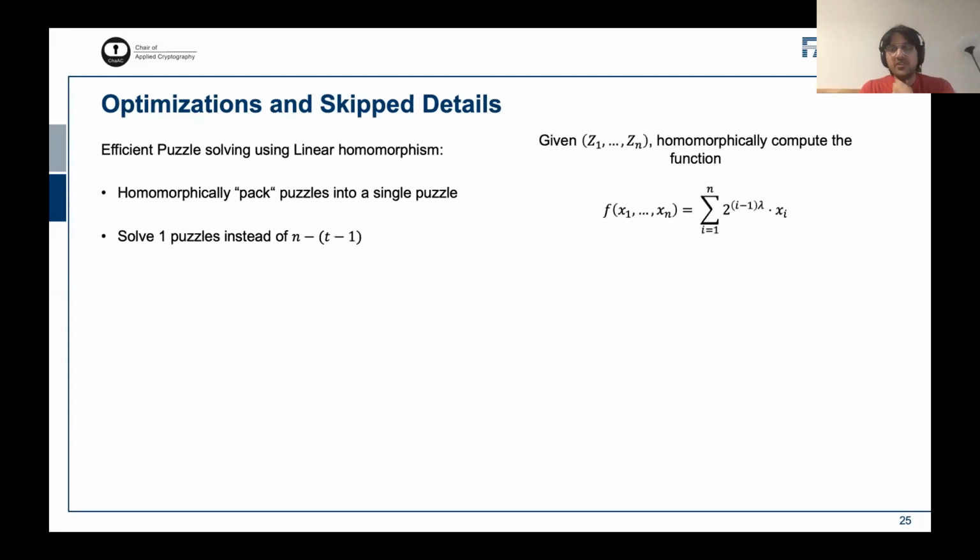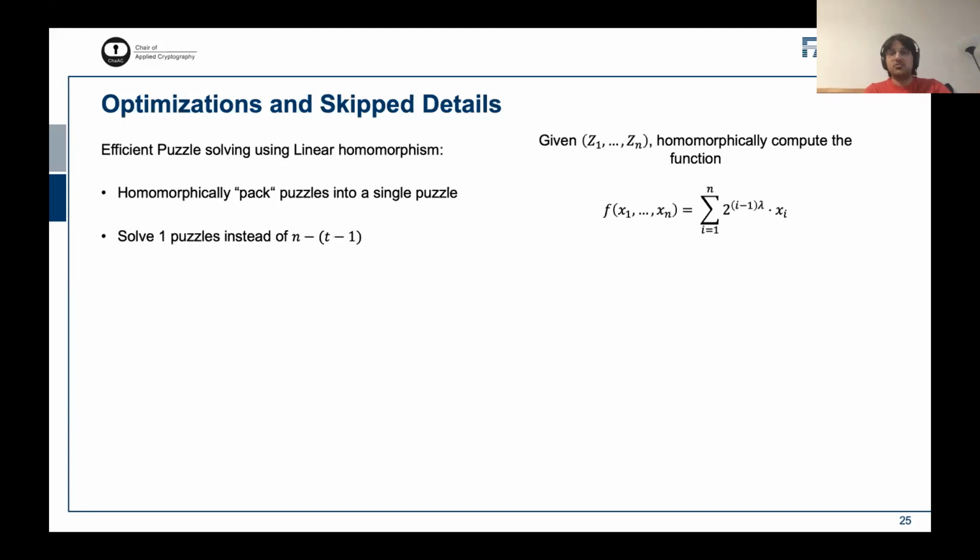So what is this homomorphic packing? Given these puzzles Z1 to Zn, you homomorphically compute a function that does a concatenation operation. The result is x1 concatenated with x2 concatenated with x3, and so on, where x1 is in the higher order bits, x2 is in the next set of bits, x3 in the next, and xn is in the lower order bits.